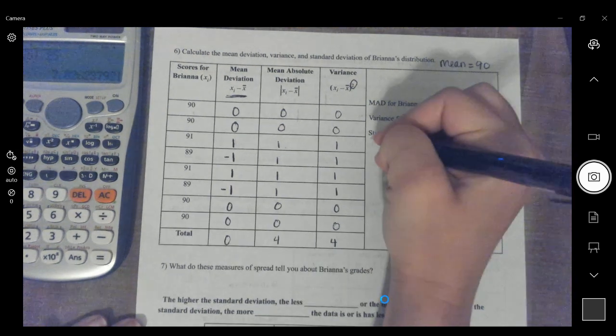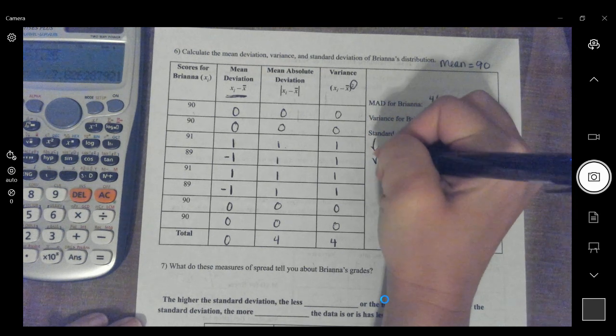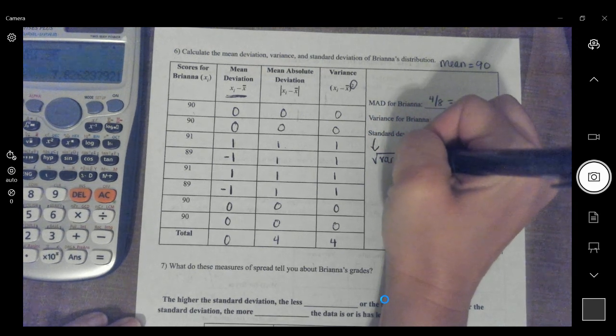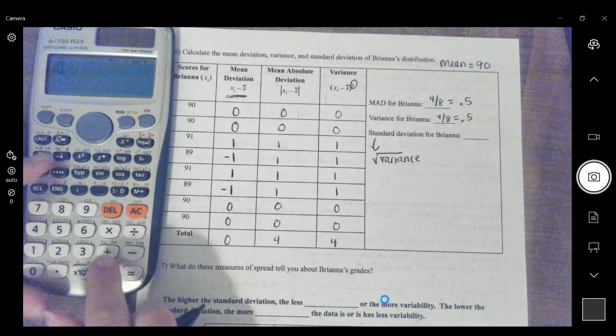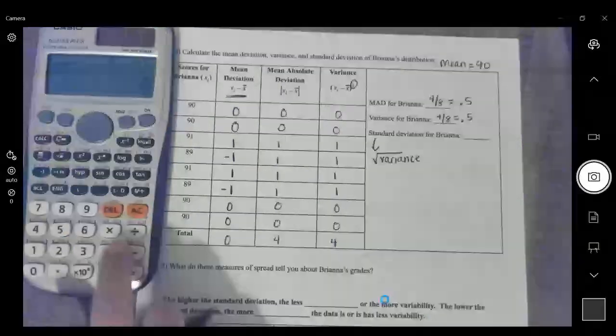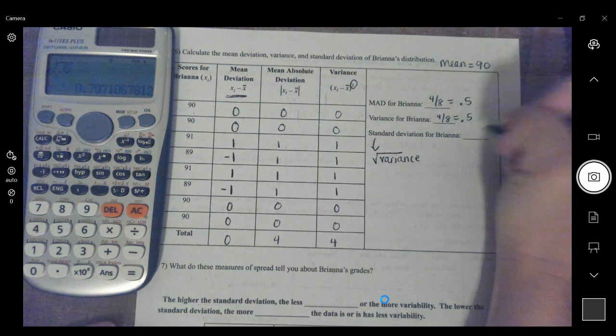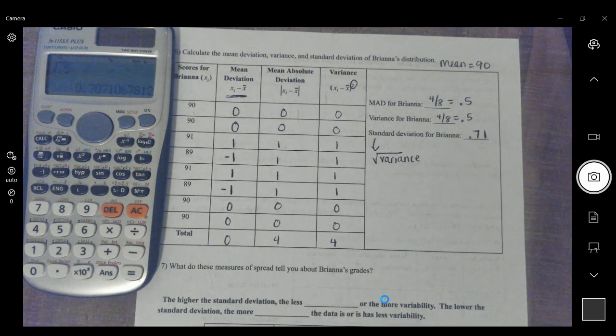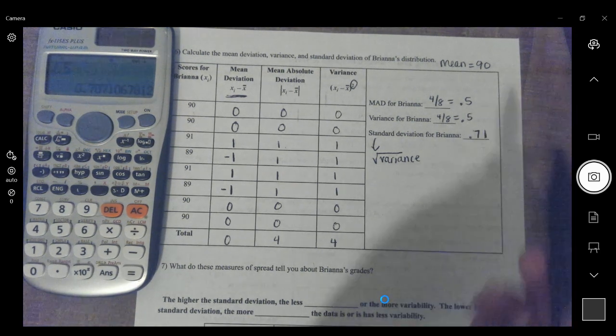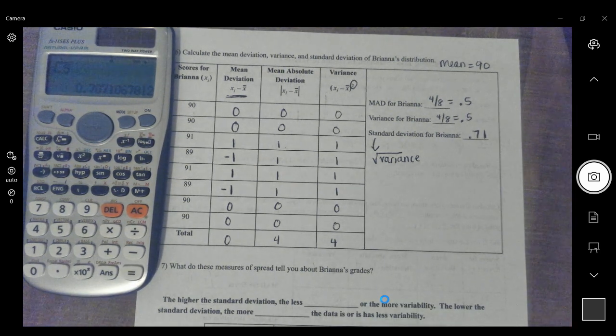Okay, and then remember, to get the standard deviation, we take the square root of our variance. So square root of 0.5, and that gives me 0.71. I'll do to the 100th. Okay, so if you look at her numbers, those are way smaller than what Bryce had.